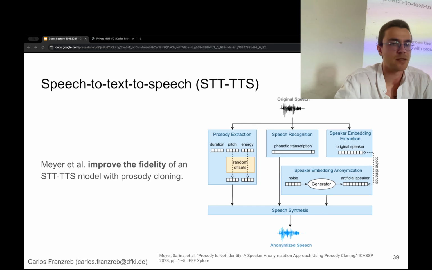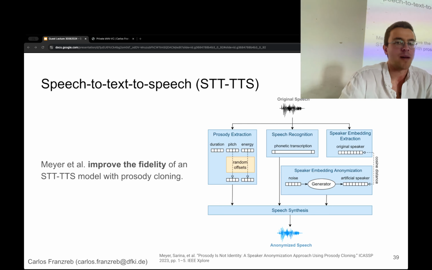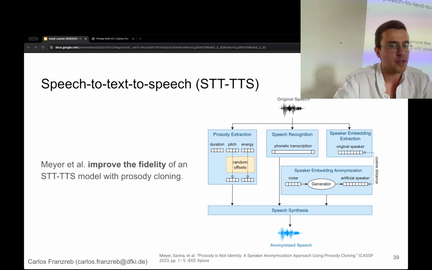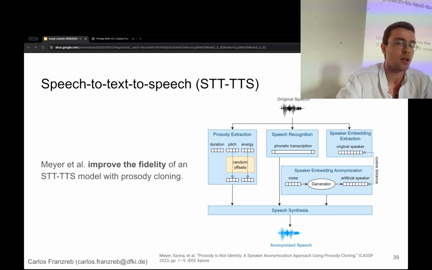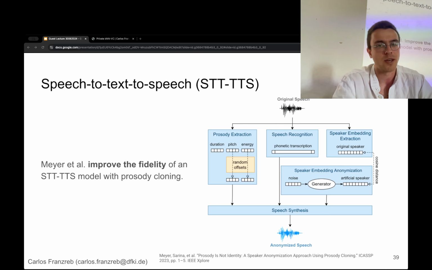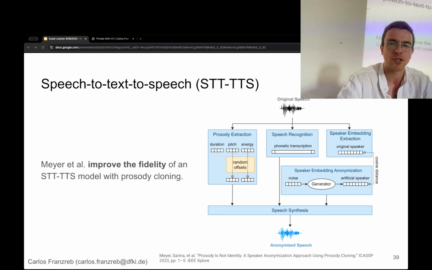An example of such a pipeline is from Meyer et al., where they improve the fidelity of an STT-TTS system for prosody cloning. They use duration, pitch, and energy, which they feed back into the anonymized speech.